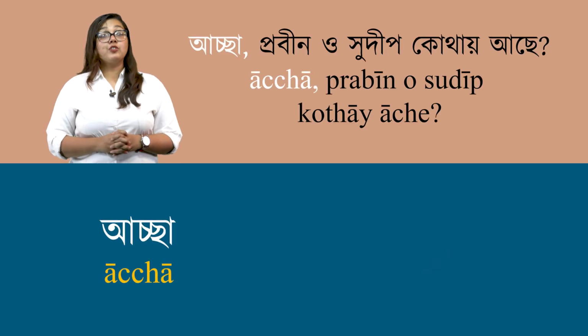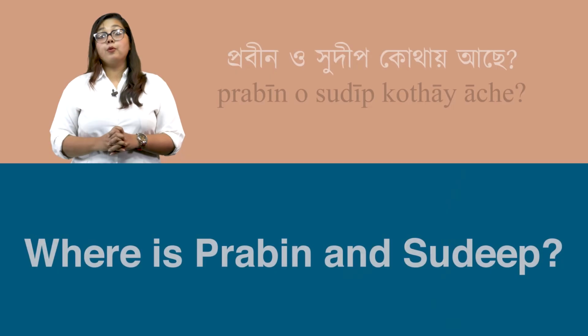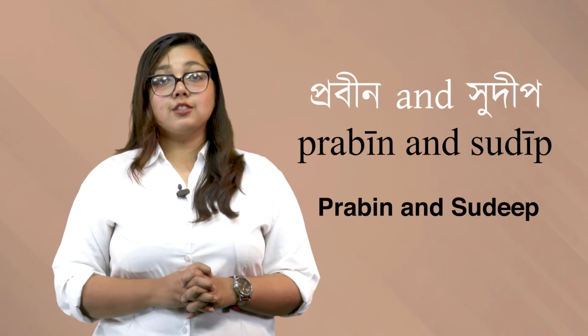Here, Raju acknowledges Amita's response with Acha, which means okay, and then enquires about the whereabouts of Probin and Sudip by asking, Probin o Sudip kothay ache? In this sentence, no pronouns have been used because Raju is referring to two people by name, that is Probin and Sudip.